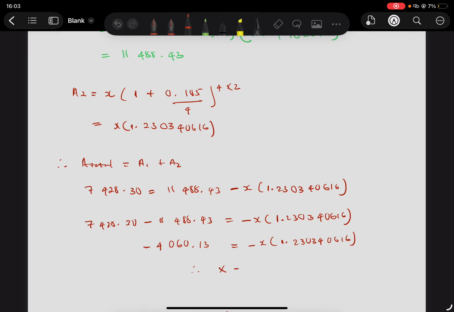Therefore, this means your x, which will be positive, is given by negative 4060.13 divided by negative 1.230340616. A negative divided by a negative gives us a positive, hence your x will be positive. Then x is 3,300.00.